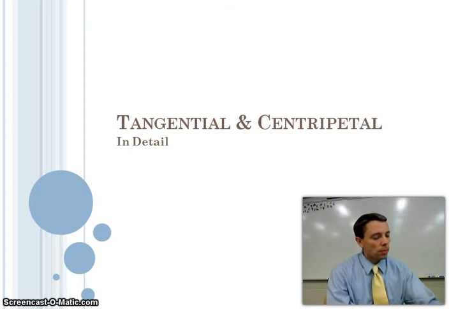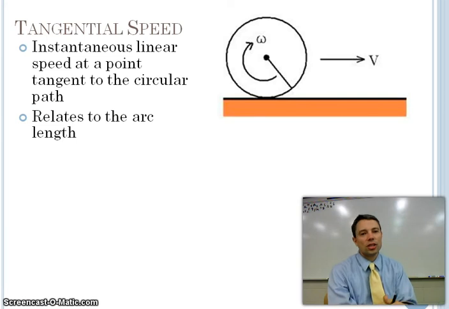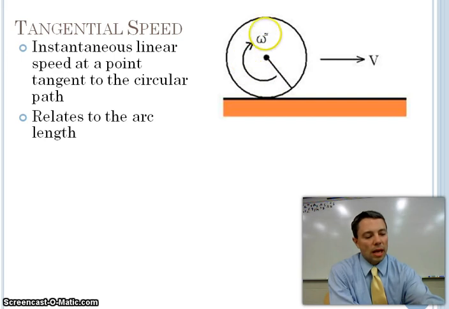Okay, so let's look at first our tangential speed. Now we're talking about stuff that's at a tangent. What does it mean to be at a tangent? Essentially I've got maybe this cylinder, it's rolling around and it's got some angular speed associated with it.